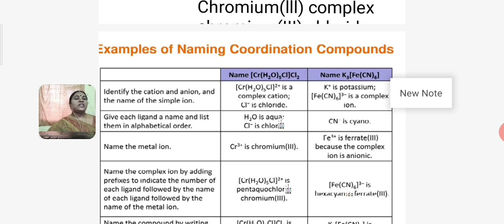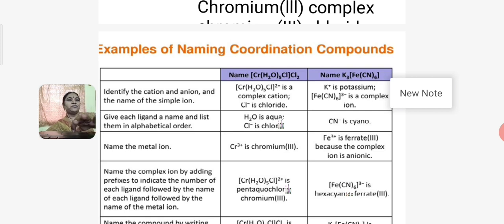So then name the metal ion. The metal ion present is iron, and its Latin name is ferrum. So it becomes ferrum, and it is an anionic complex, so the name has to end with -ate. So the name of the metal ion becomes ferrate, and because it is in +3 oxidation state, indicate the oxidation state of the central metal ion in Roman numerals as III.